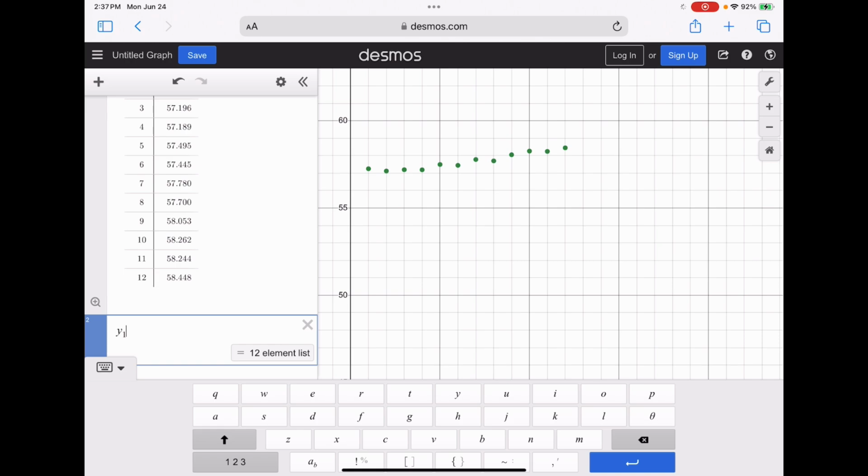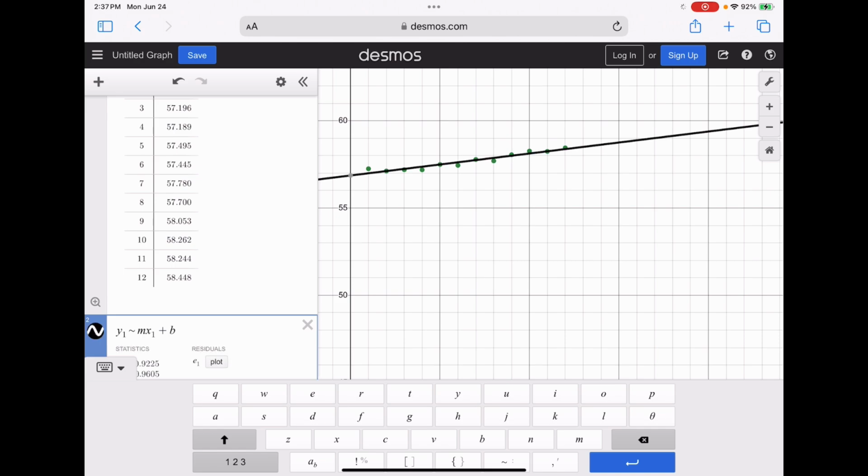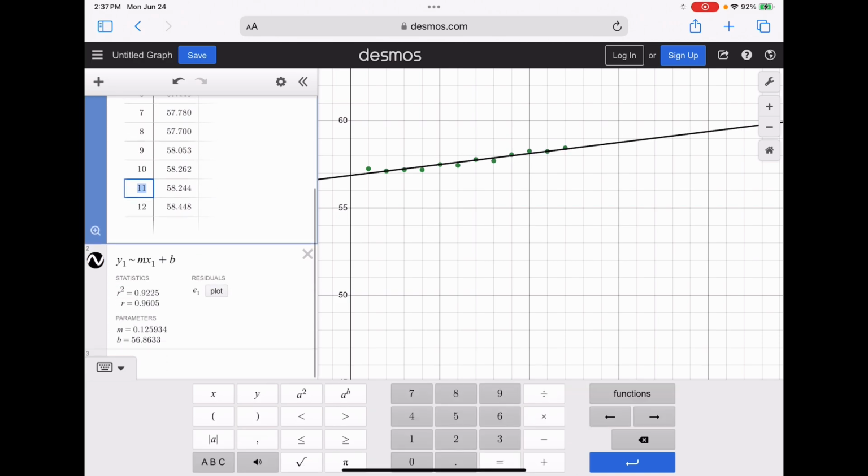Y1 squiggle M X1 plus B. All right, and again, it gives us those parameters.